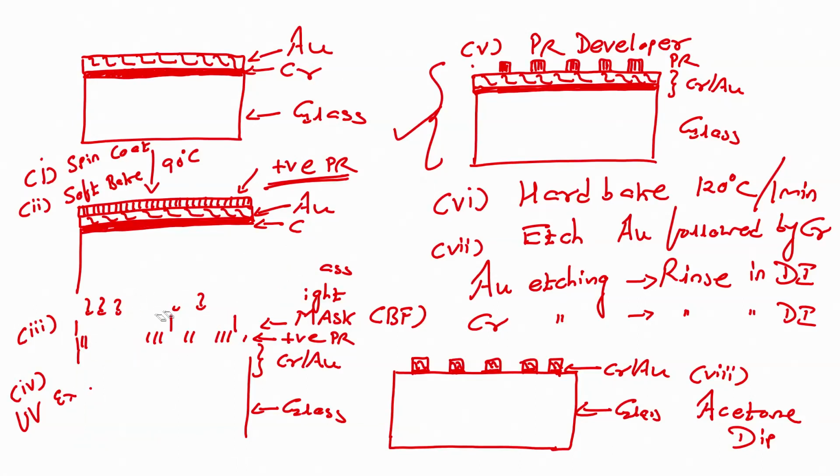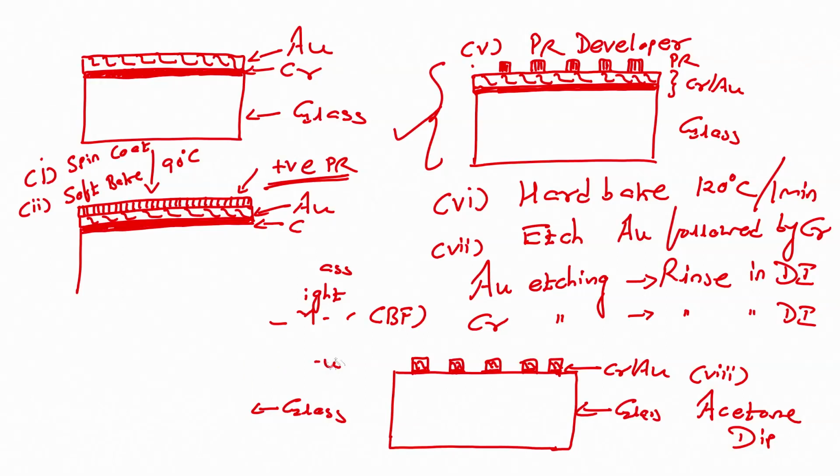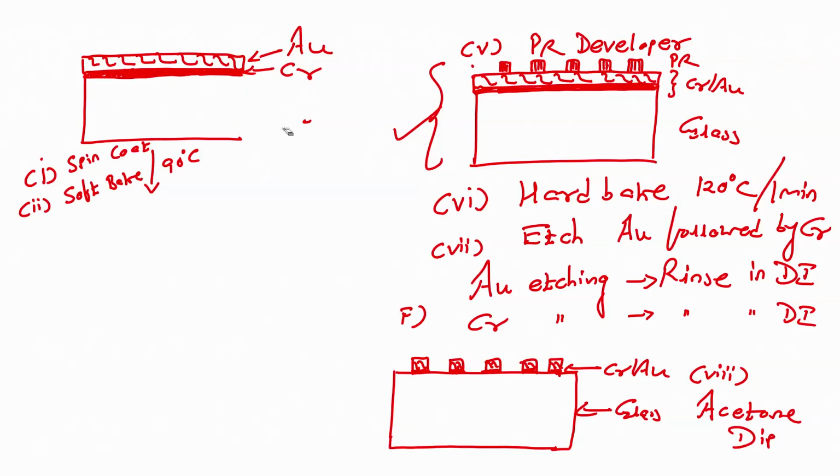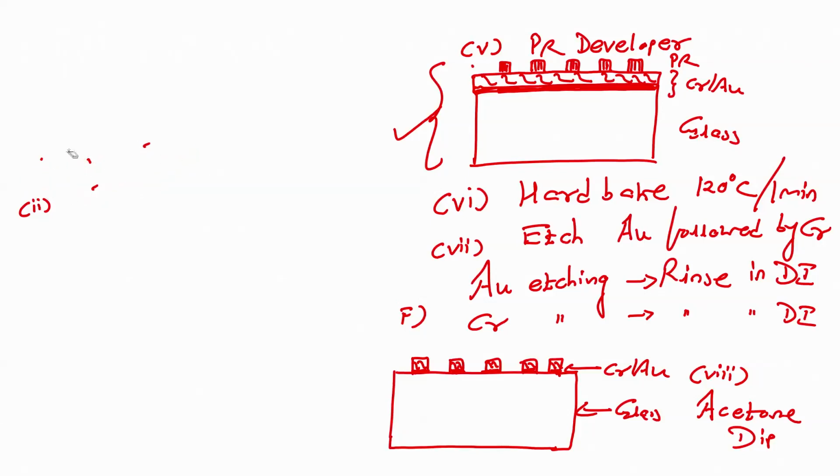We know that we have a glass wafer with interdigitated electrodes, and what we want is that the interdigitated electrodes should be within an SU8 well.